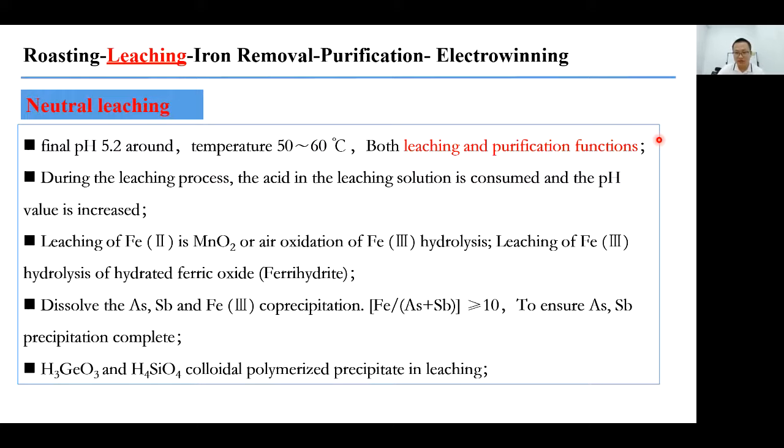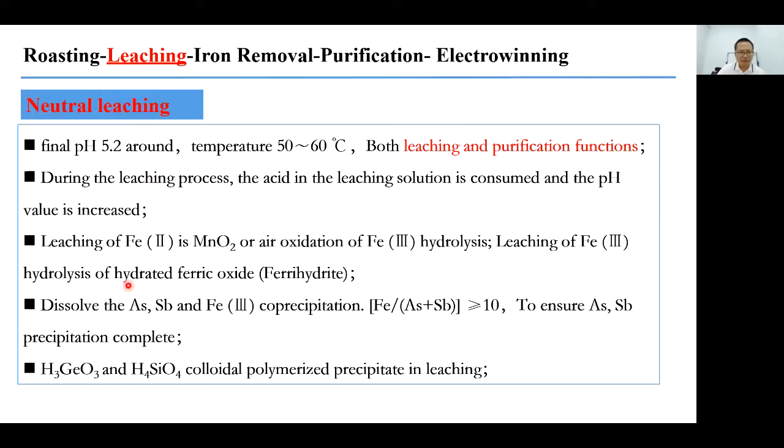The first one is leaching. So the zinc, nickel, copper, cobalt, those valuable elements, they are leached out and enter the solution phase. And the other impurities will precipitate along with iron. So the purification effect is also used here.